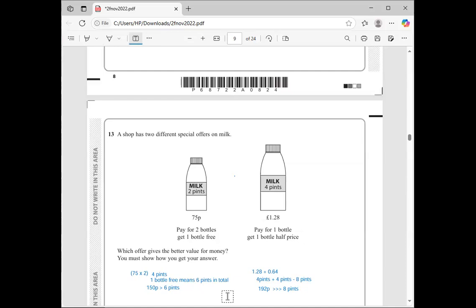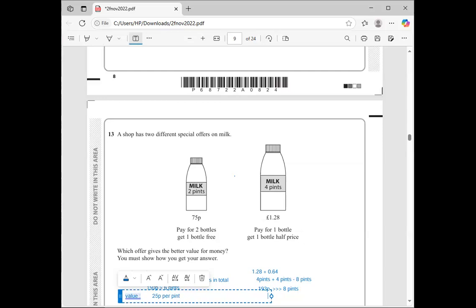I want to find out what is the cost of 1 pint in each case. 150 divided by 6 is what? 25. Okay. So that's 25 pence per pint.